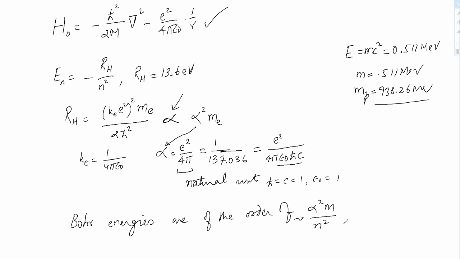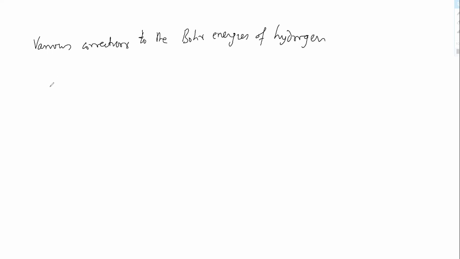Then our task is to consider the various corrections to the Bohr energies of hydrogen, starting with the Bohr energies, which are of the order of alpha square m.